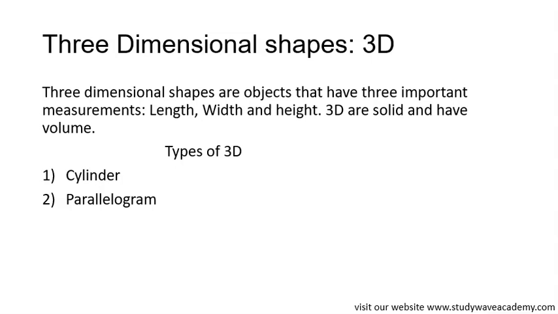Three-dimensional shapes are objects that have three important measurements: length, width, and height. Three-dimensional shapes are solid and have volume. Today we are going to be looking at two types of three-dimensional shape: one, cylinder, and the next one, parallelogram.